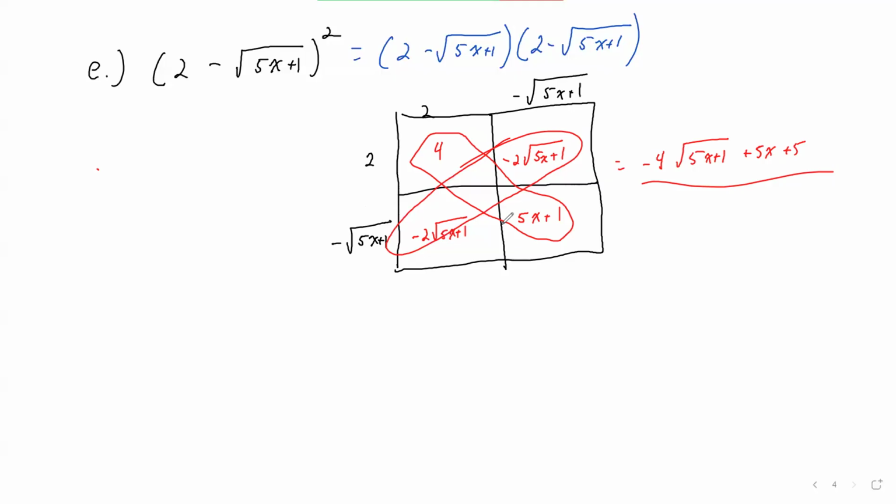All right, let's try some more. I'm not ready to move on quite yet. Yes. When I combine like terms, since they're both negative, it became a negative 4. So I looked at this as, yes, it says the square root of 5x plus 1, but if you pretend that just says like a dollar, if I'm down $2 and down $2, now I'm down $4.